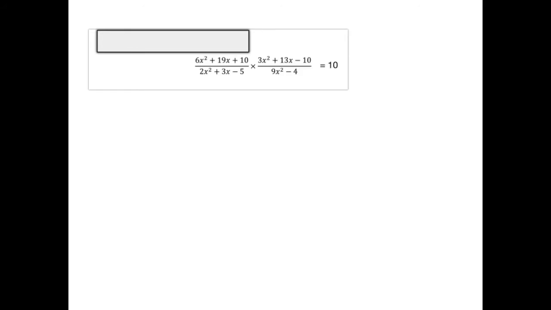So this is an example of a rational equation, because now it's equal to 10. A lot of this still comes around to, hey, let's factor.